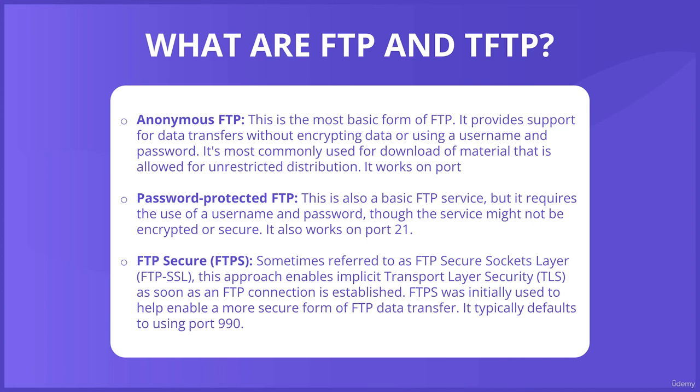Now we've got FTP Secure, or FTPS, and that's sometimes referred to as FTP Secure Sockets Layer, FTP SSL. This approach enables implicit transport layer security, TLS, as soon as an FTP connection gets established. FTPS was initially used to help enable a more secure form of FTP data transfer, so it typically defaults to using port 990.